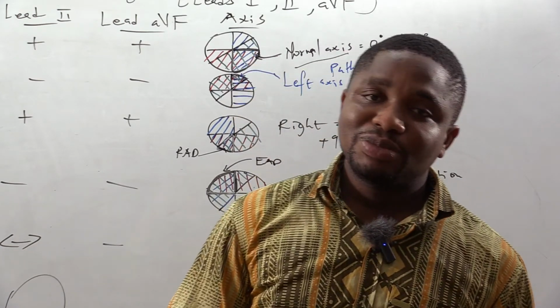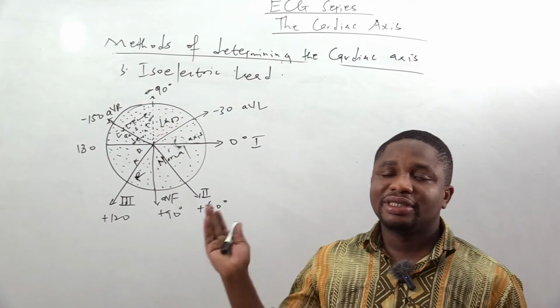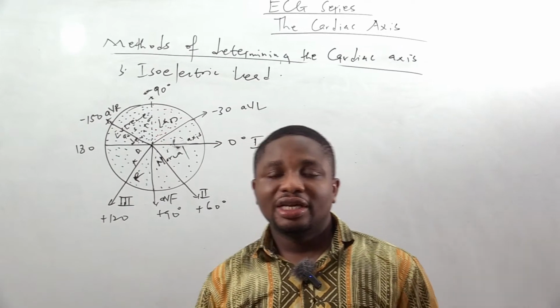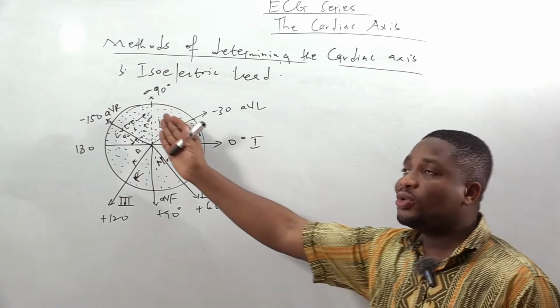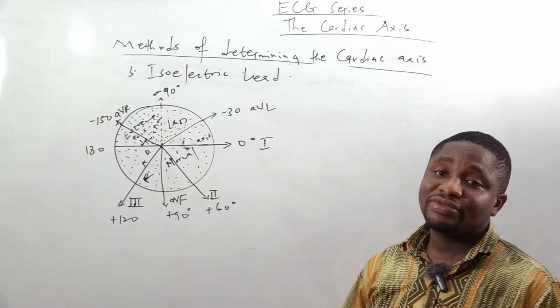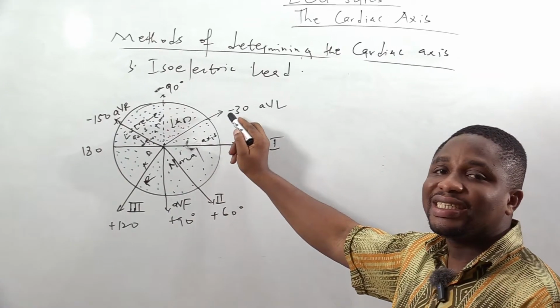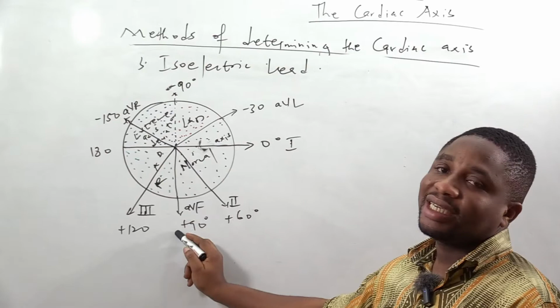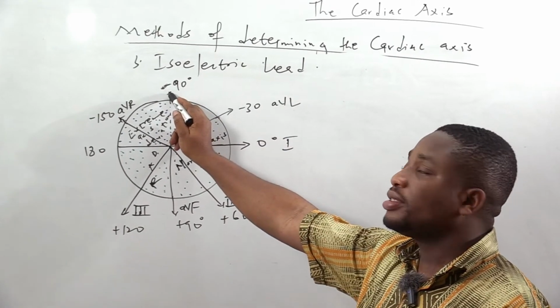Alright, so let's move ahead and look at the last method. That's the isoelectric method. With it, I would like you to have a look at the various axes of deviation in addition to the normal axis. You know that the normal axis of deviation is from minus 30 degrees to what? Plus 90. Left axis deviation is minus 30 to what?